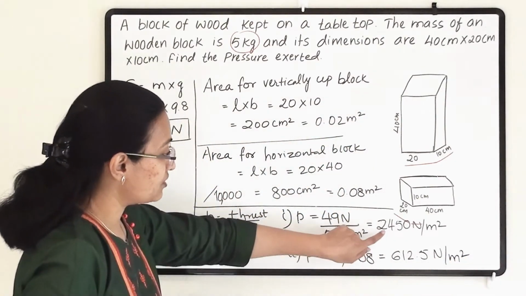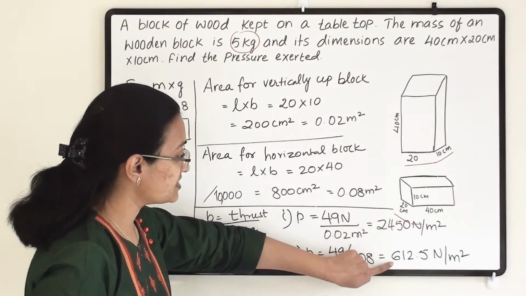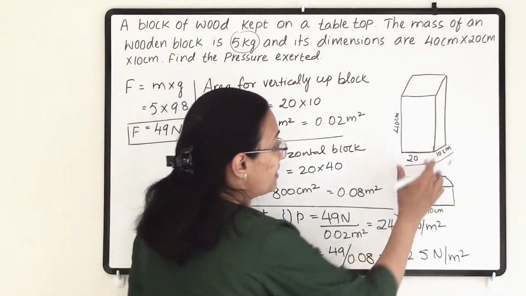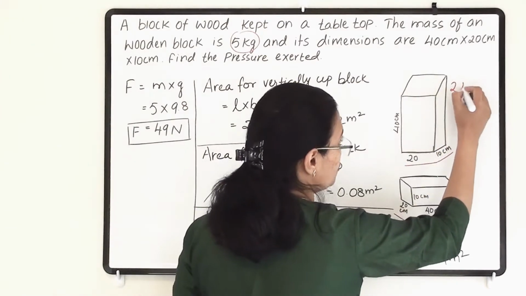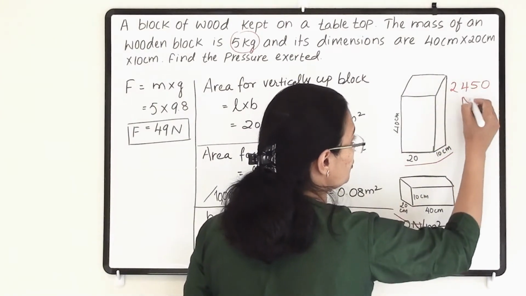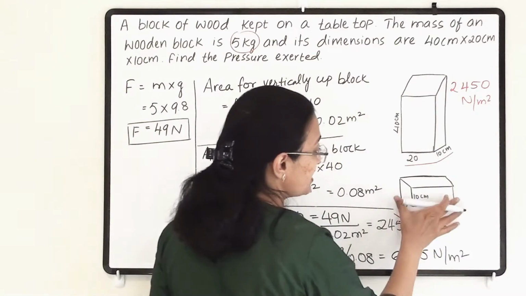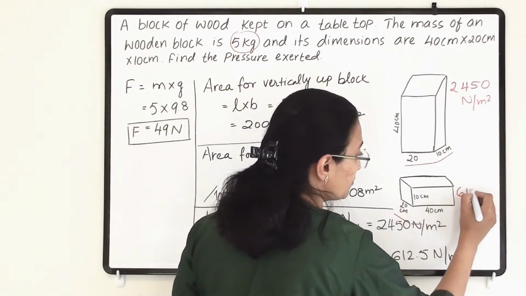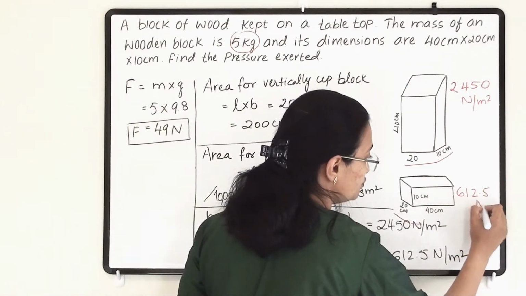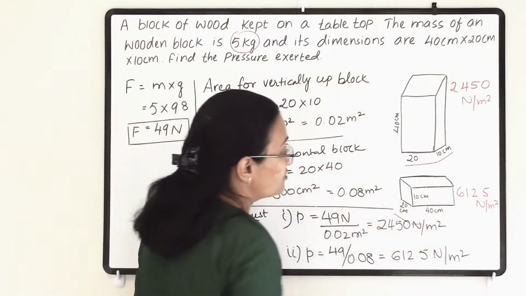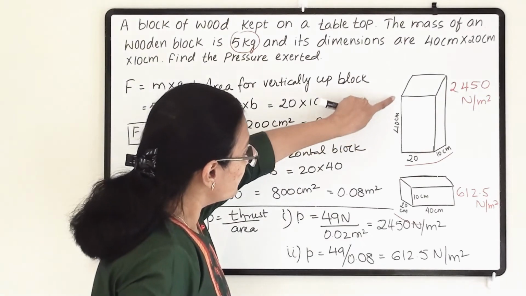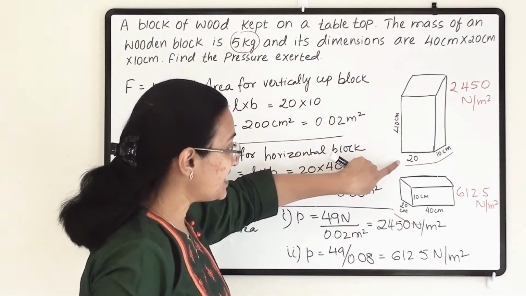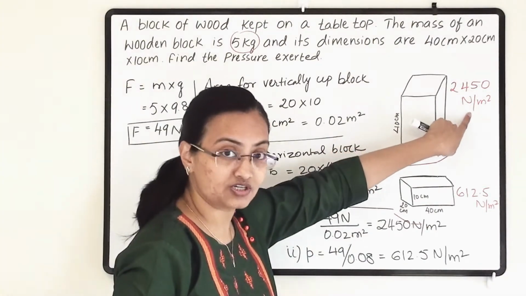So these are two different answers, as we can see. In the first situation, the pressure applied on the surface is 2450 Newton per meter square, whereas when we keep it horizontally, the pressure is 612.5 Newton per meter square. When we keep the box vertically upward, its area is less, so its pressure is more.